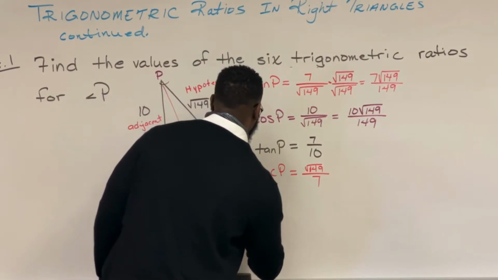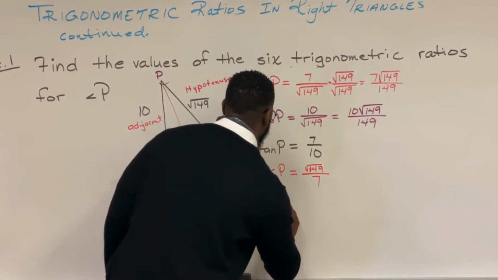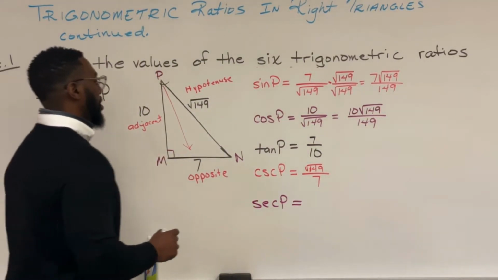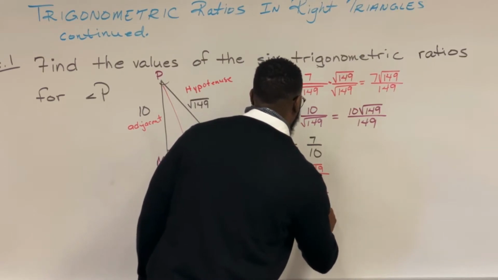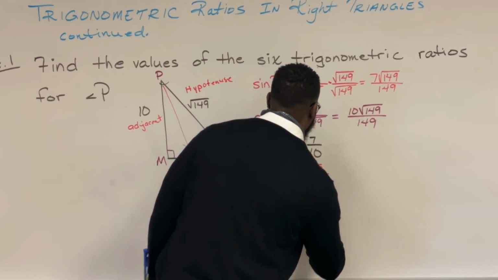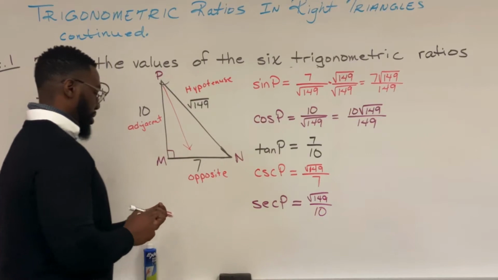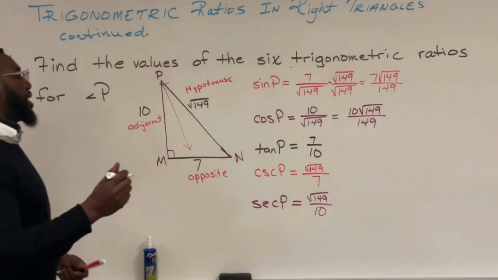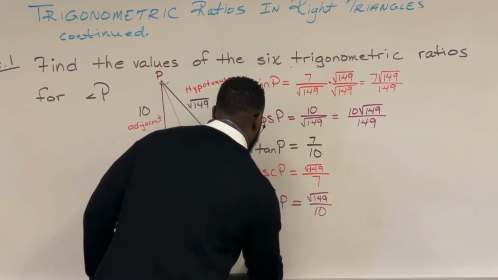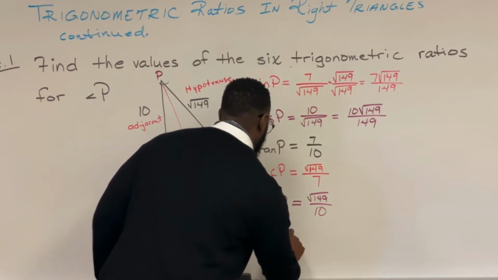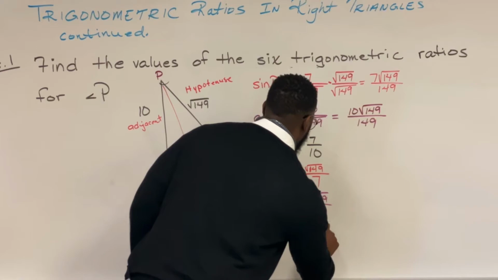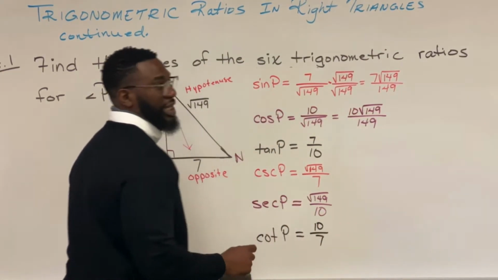We have the secant of P, which equals the square root of 149 over 10. Then we have the cotangent of P, which equals 10 over 7.